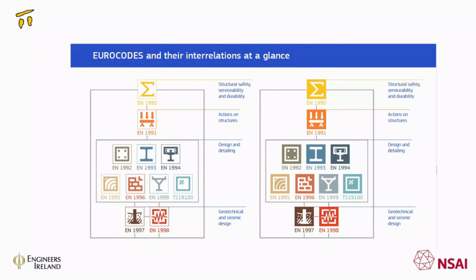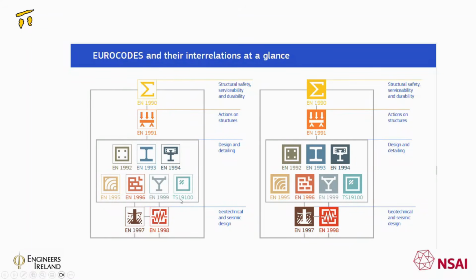Followed by that, there are 7 Eurocodes dealing with materials: concrete, steel, composite, timber, masonry, aluminium, and glass. And in fact, there's a technical standard out on membrane structures, but that hasn't yet developed into a Eurocode. This shows the last one as a technical standard, but it will actually be a Eurocode.